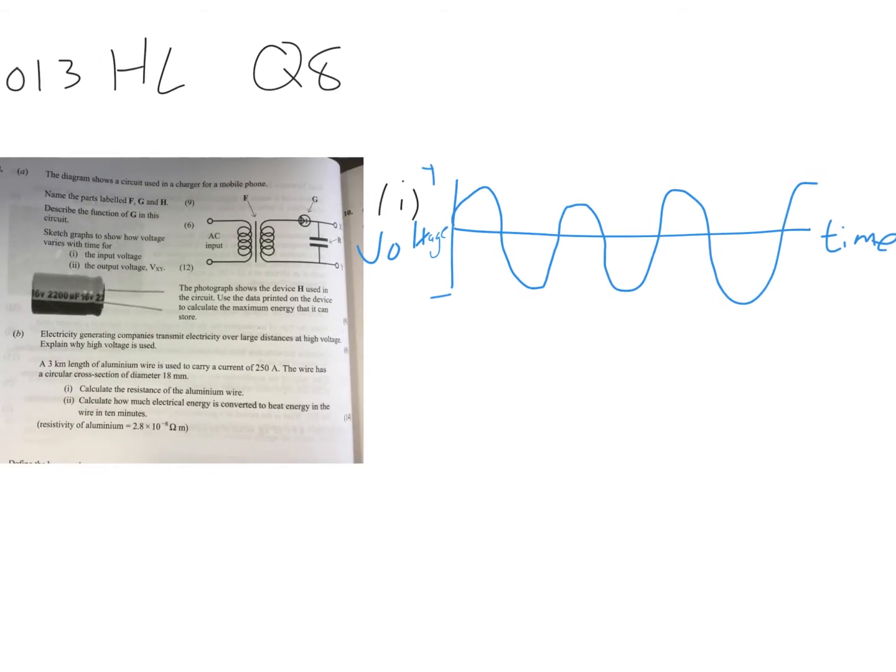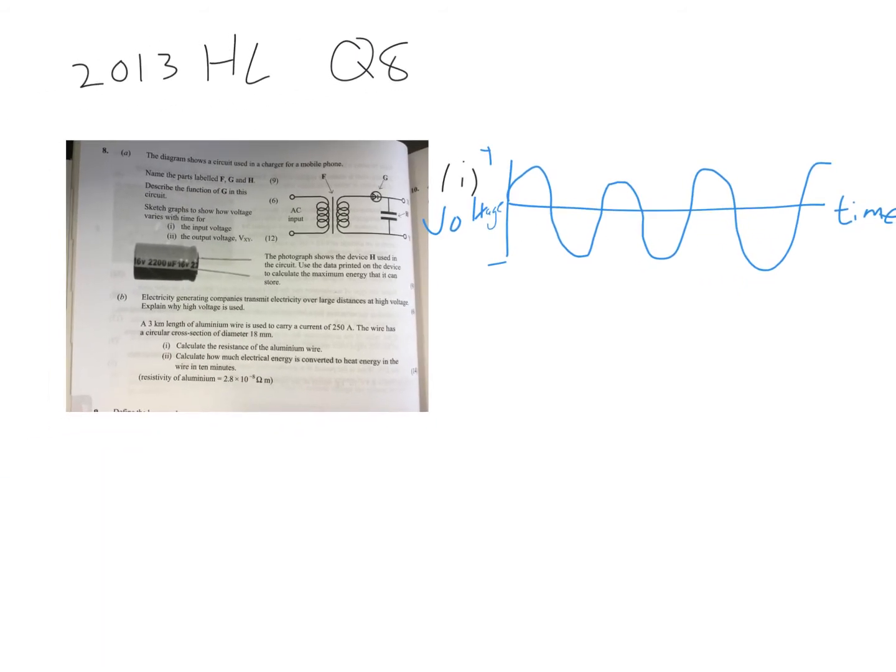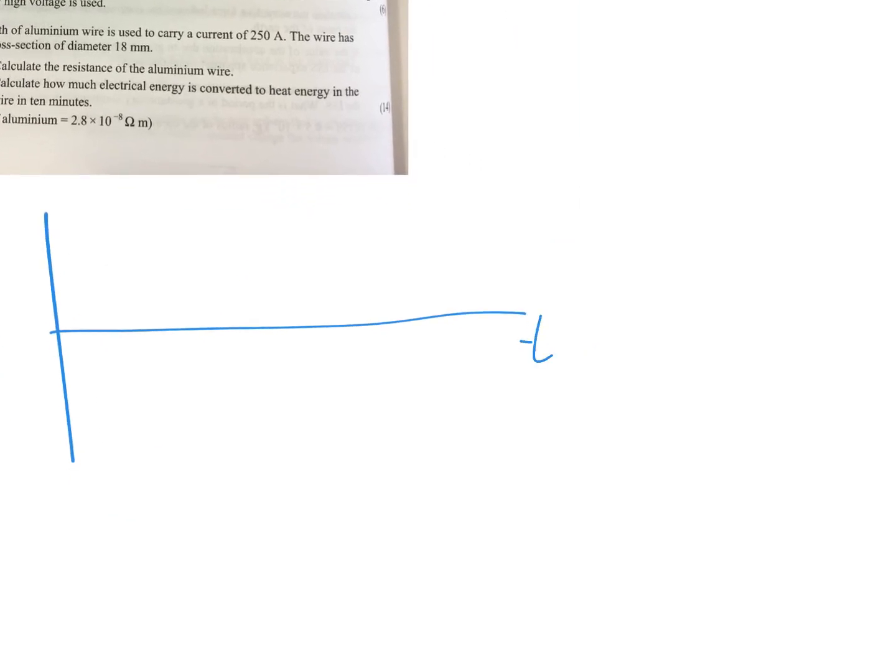To look at part 2 then, I think what we're going to do is just try and look at it in stages, right? So what we'd expect to see is a very similar looking graph, where you've got voltage on our y-axis and time on our x-axis.